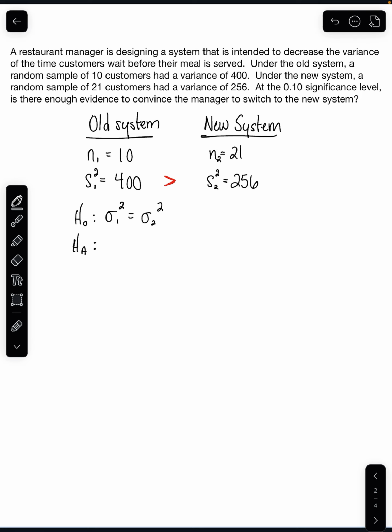The idea here is that we would like to say that the new system works better. So what we're going to do is say that the original variation is bigger than the new system's variance. This also coincides with the fact that we are doing a right tail test.